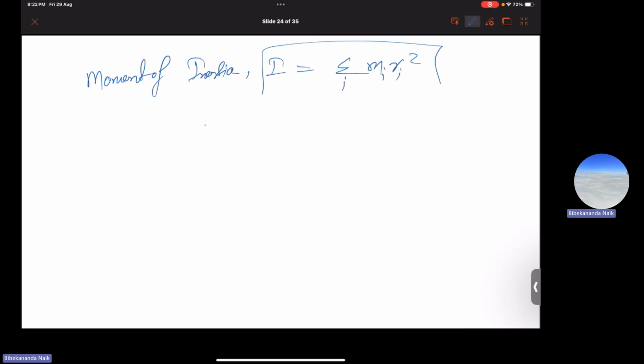So the moment of inertia I is equal to the summation over i of m_i r_i square.